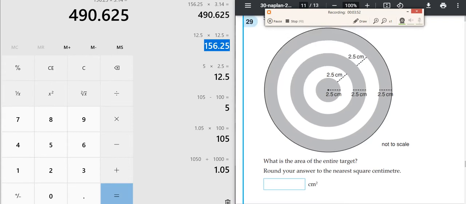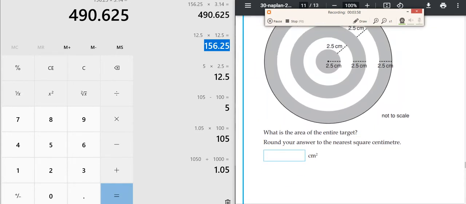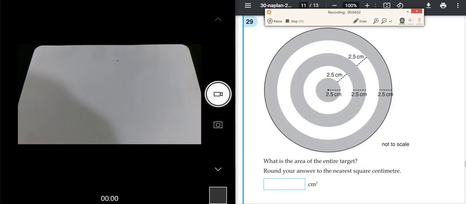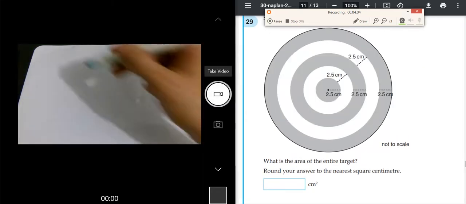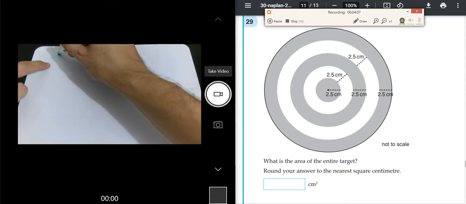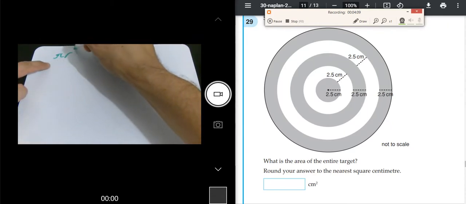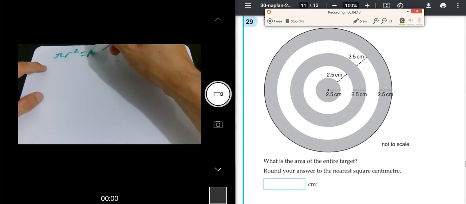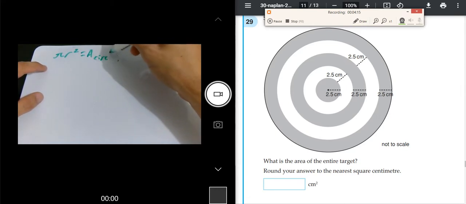Pi r squared is the formula that we use. I might actually put that down on this, that way we can see it a bit clearer. So we're using the formula pi r squared to get area of a circle.